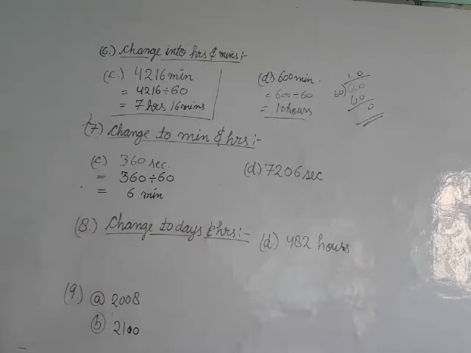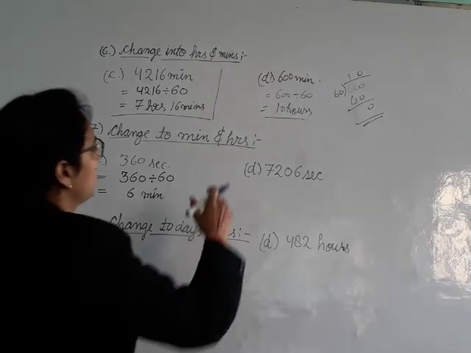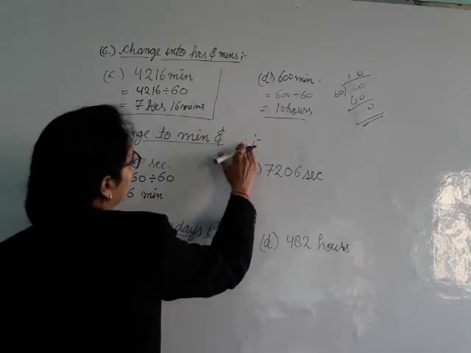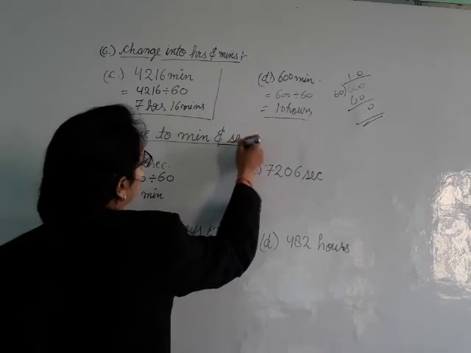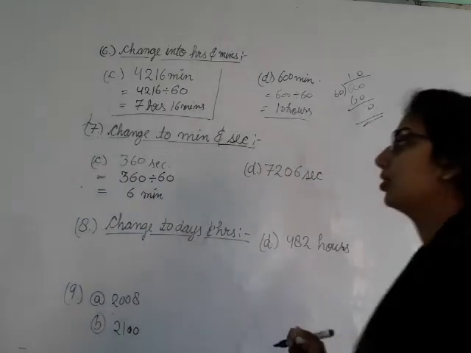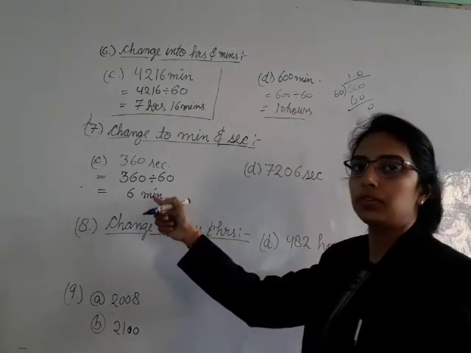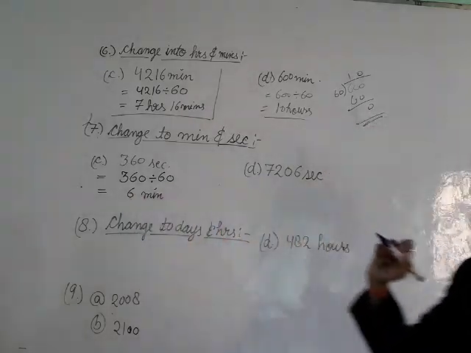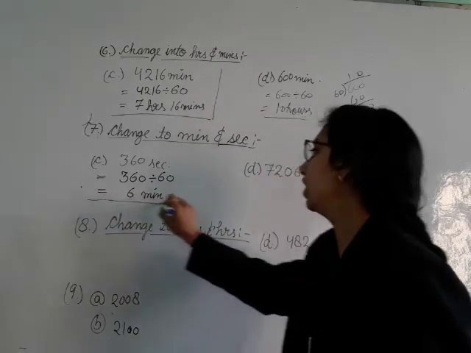Understood? 6 minutes. Now this is minutes and seconds. No remainder is there. That means fully 6 minutes will be there in 360 seconds.